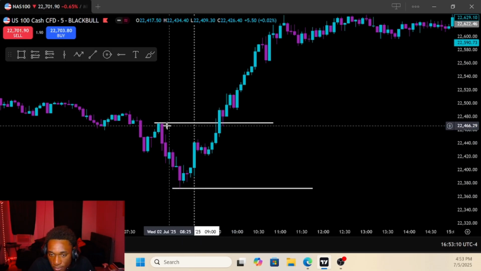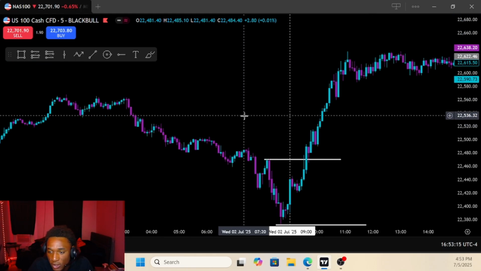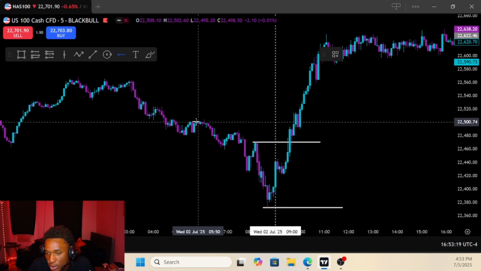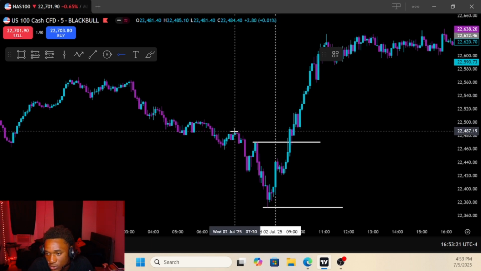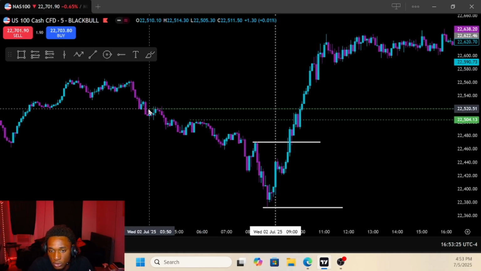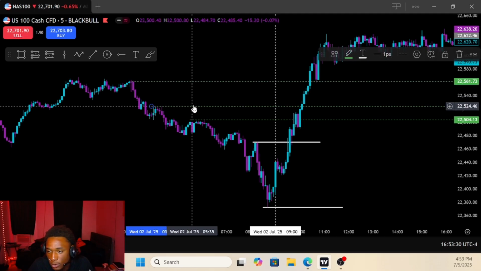Support at the bottom, resistance at the top, and we just want to see a breakout at 9:30. And my target of liquidity, if I did take this trade, would have been definitely probably one, two, and then this initial high right here.